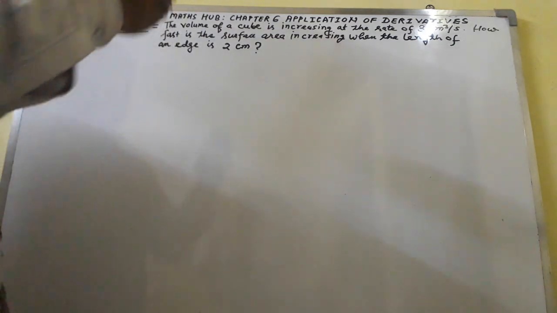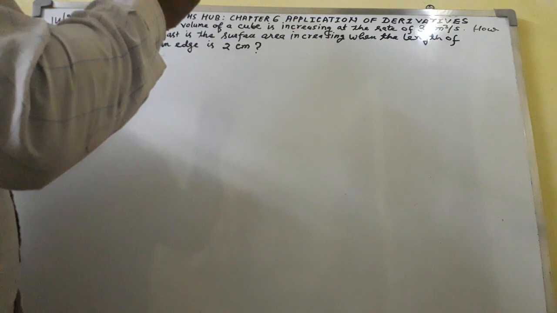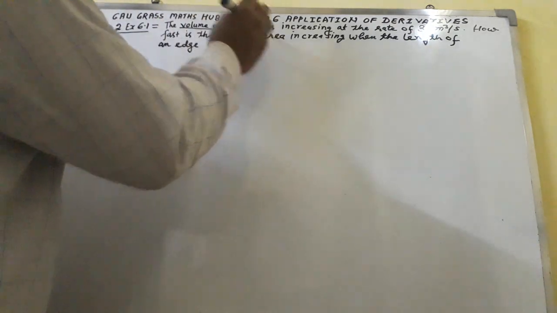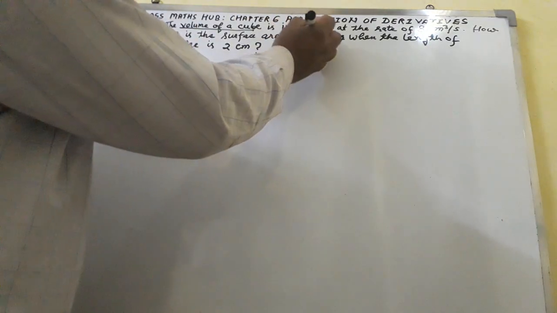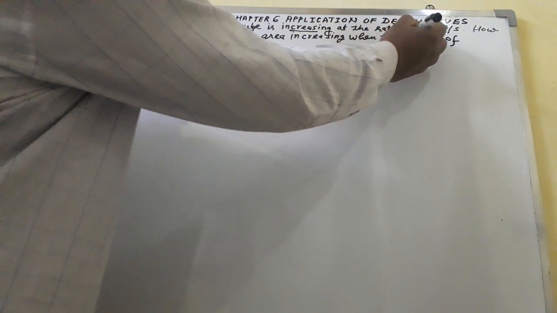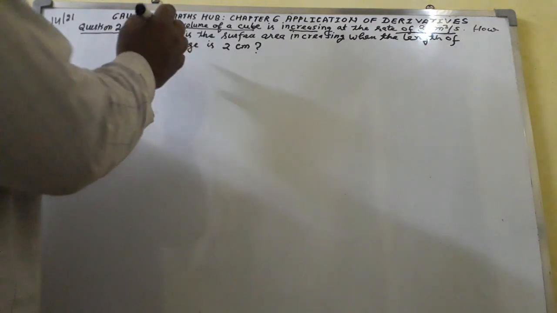The question says, the volume of a cube is increasing at the rate of 8 centimeter cube per second. How fast means how time is going.